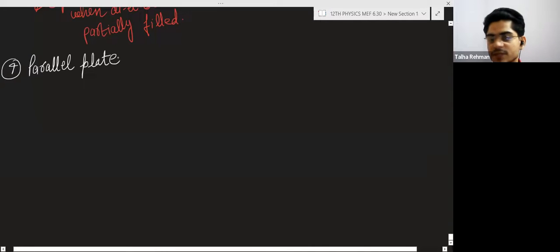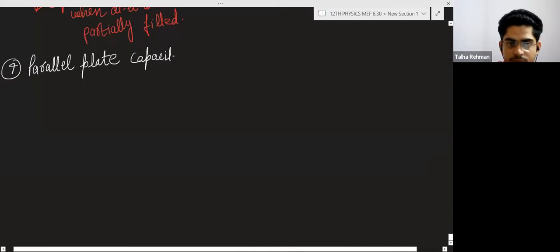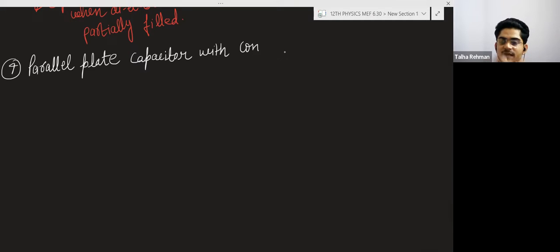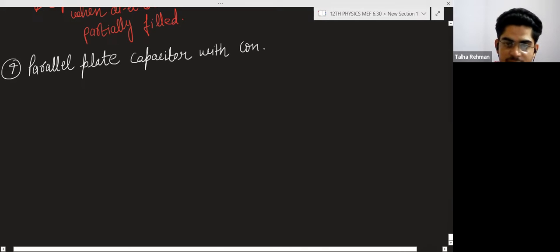Earlier we introduced the dielectric slab. What is the difference between the conducting and dielectric slab? A conducting slab conducts electricity, a dielectric slab doesn't conduct electricity. This is the difference.